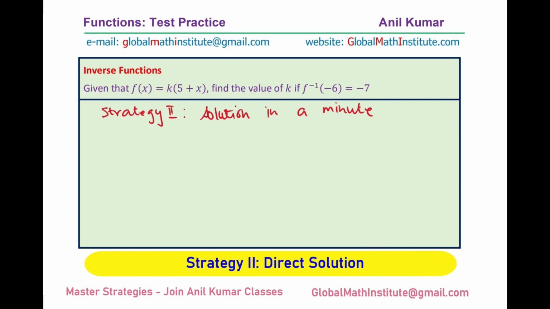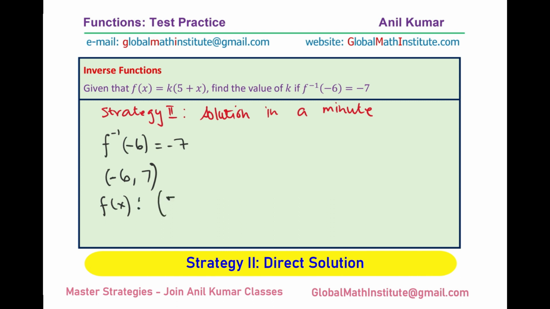Now look here, the concept is, when I say that f inverse of minus 6 is equal to minus 7, what does it mean? It means that on the inverse, we have a coordinate point which is minus 6 and the output is minus 7, correct? Now, if you are looking at the function, how will this coordinate point be?